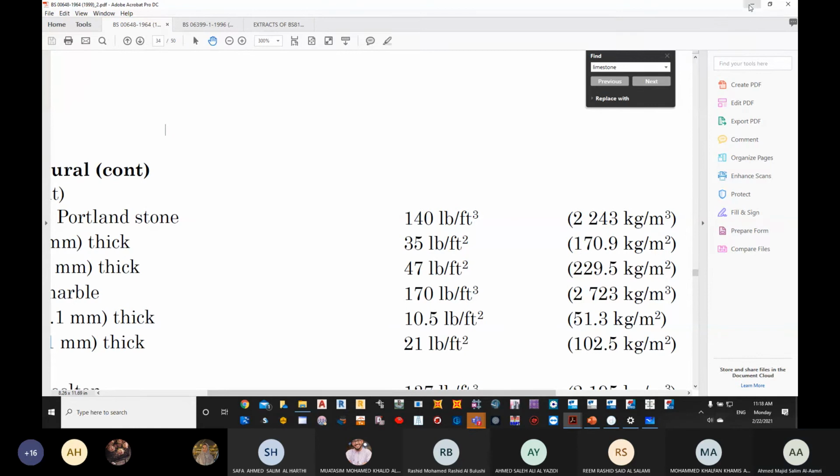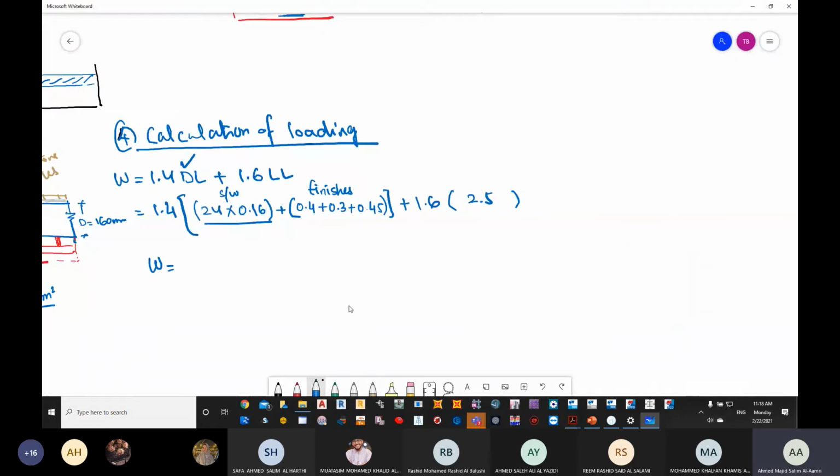Now, can anybody tell me the W value? Everyone is giving me a different answer.